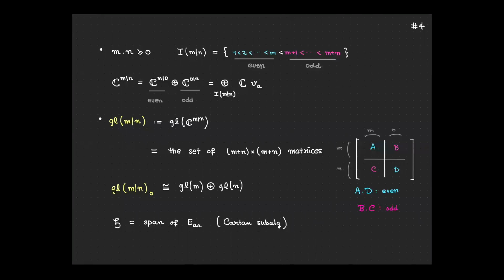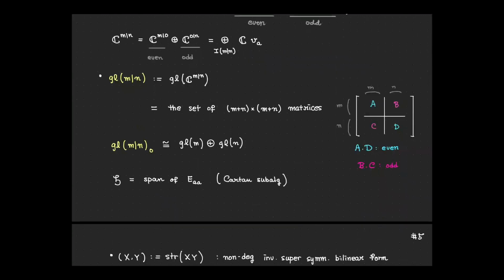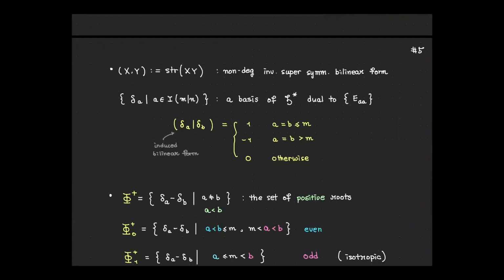Okay, and a basic fact is that if we consider only the even homogeneous subspace, then it is isomorphic to the direct sum of two general linear Lie algebras of rank m and n. So this part is trivial. And h means the Cartan subalgebra spanned by the elementary diagonal matrices.